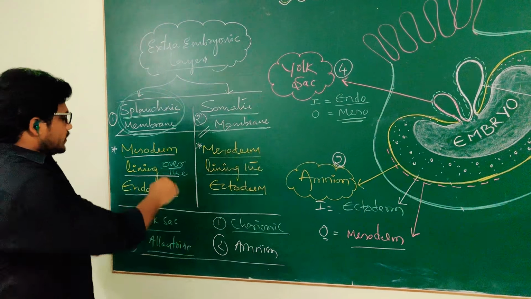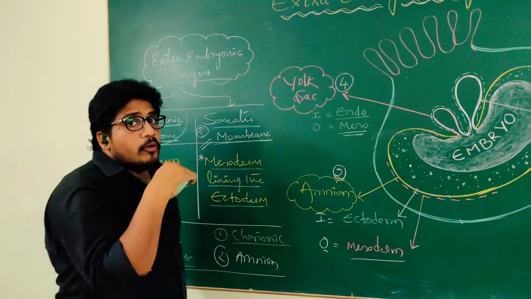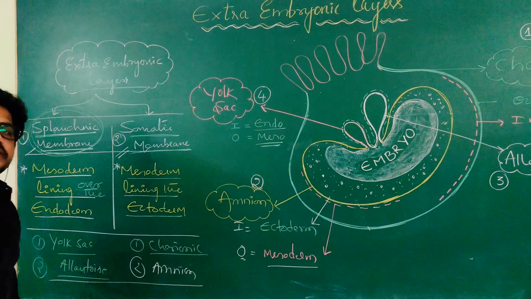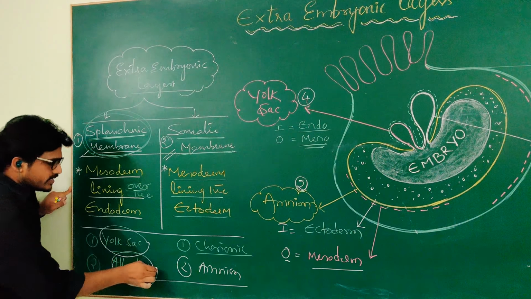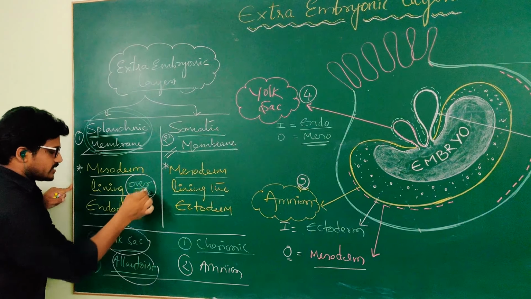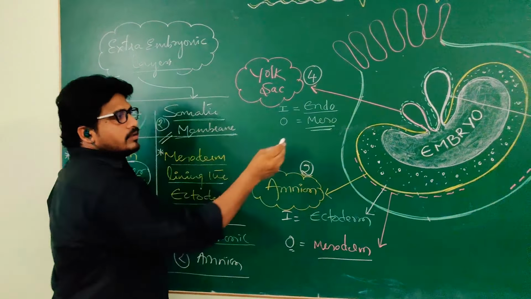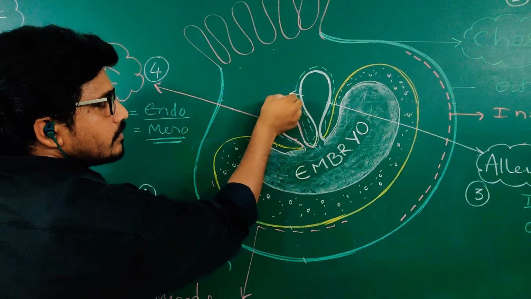So here there is no difference between yolk sac and allantois. In both yolk sac and allantois, mesoderm overlies the endoderm. I hope you understand.